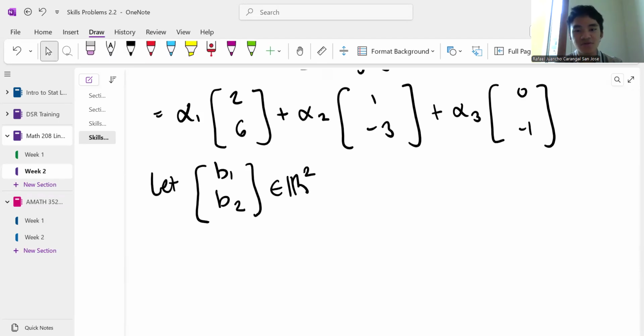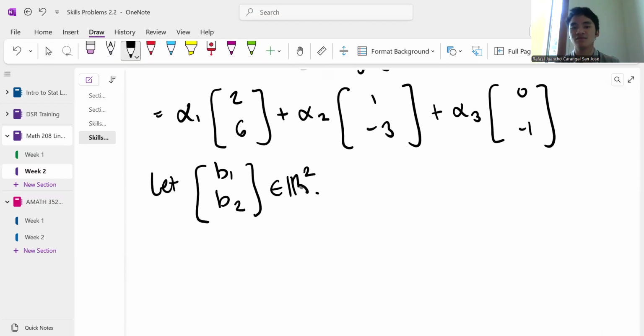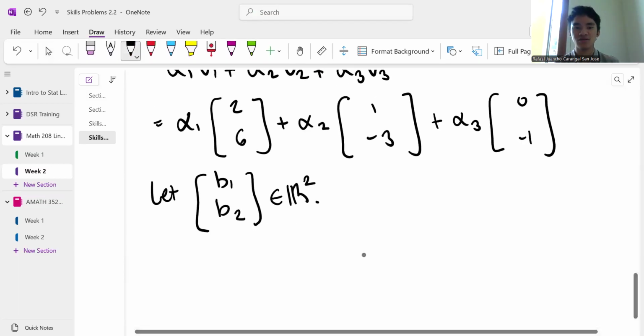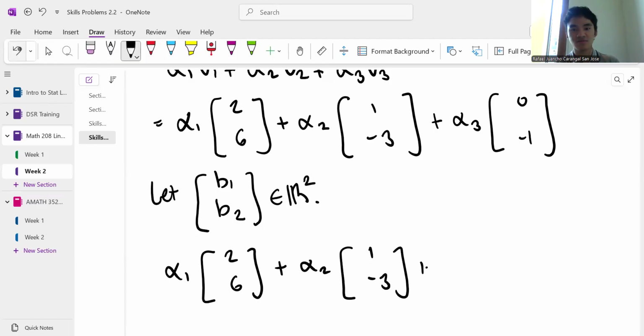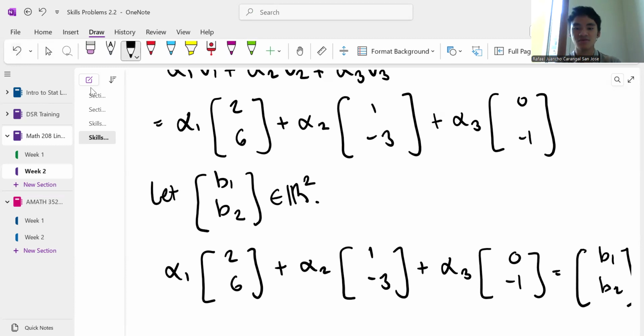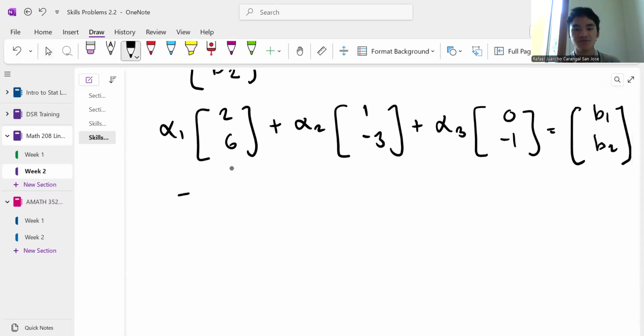If it's part of R2, then that means the span of this is part of R2. So the vector equation we're solving is equal to this thing. We're going to check if there is such a solution. So I would convert them to an augmented matrix here.